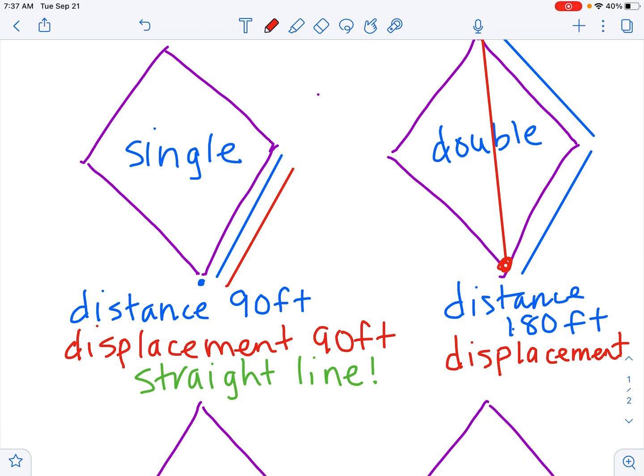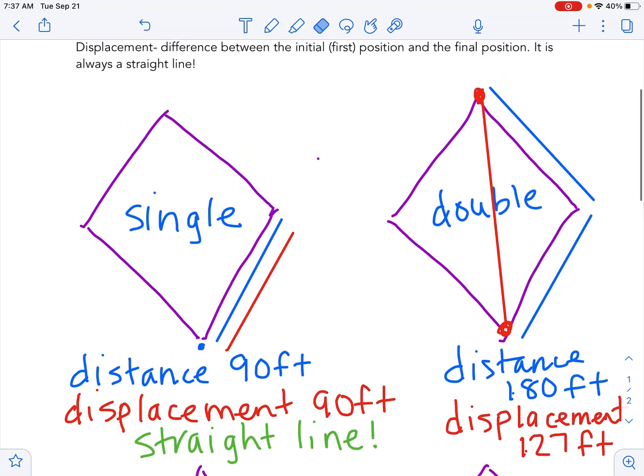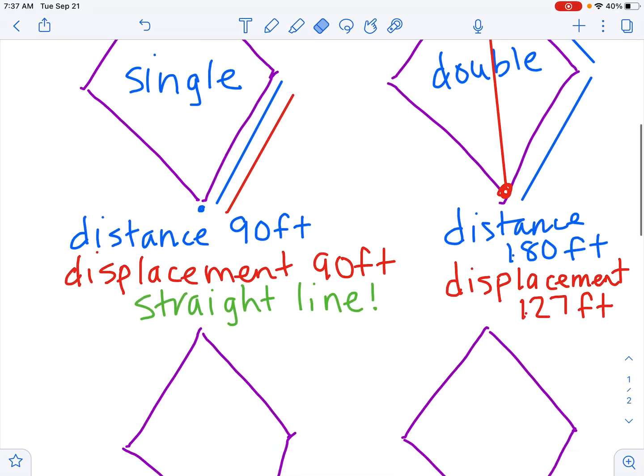The distance between second base and home plate is 127 feet. So as soon as you no longer are traveling in a straight line, your distance and displacement are not going to be the same, okay?